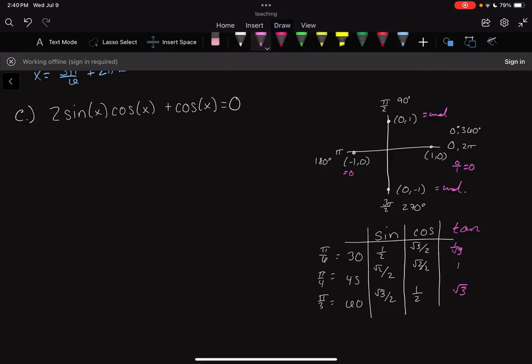So this is one where we will try to take out a greatest common factor. You always want to be on the lookout for that, if there's anything that both of your terms have that you can factor out to the front. So in this one, since they both have a cosine, I can factor a cosine out to the front, and I'd be left with 2 sine x plus 1.